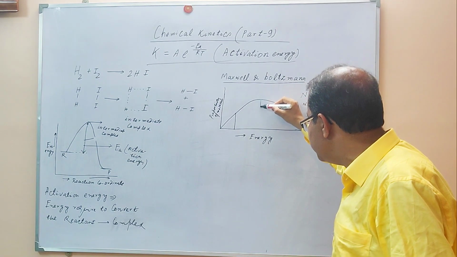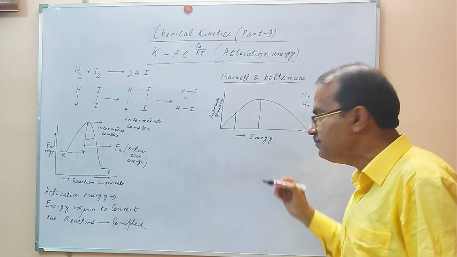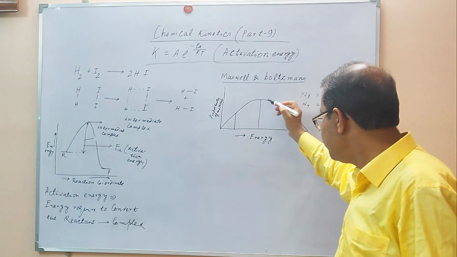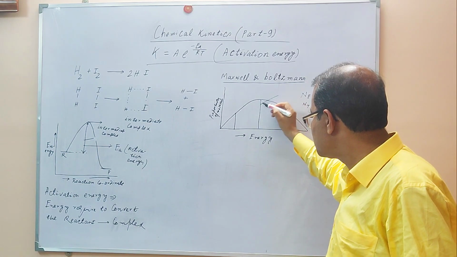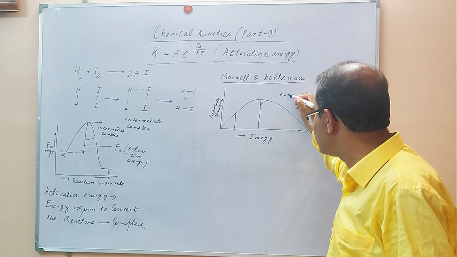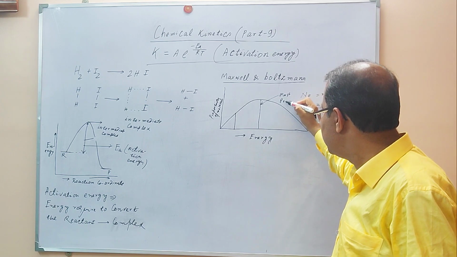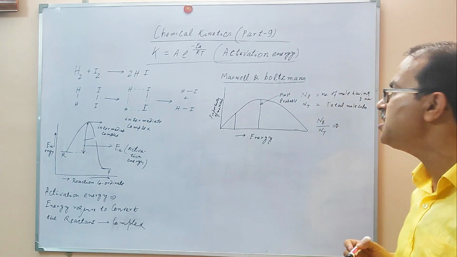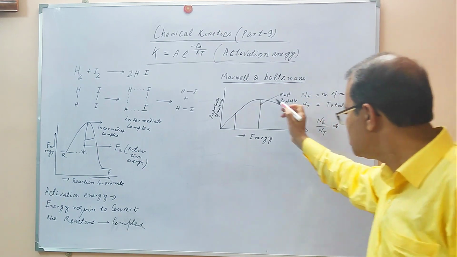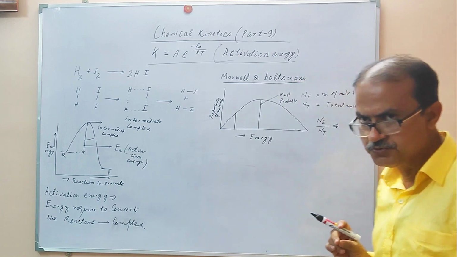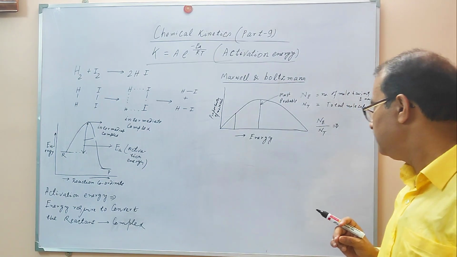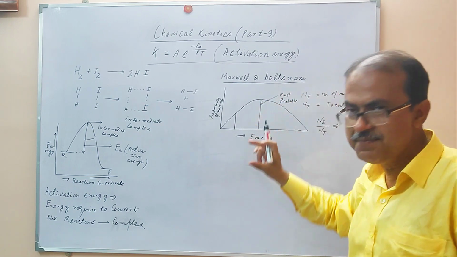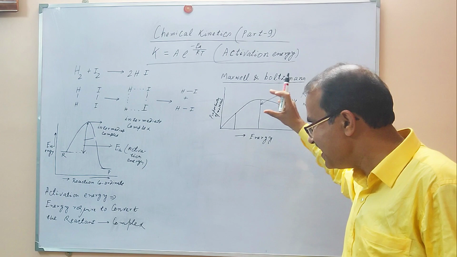In this fashion, you can see this is the peak of this distribution curve, and it is the highest, the most probable. Statistically, this is the most probable energy of the proportions: the most proportion of the molecules will have this amount of energy.